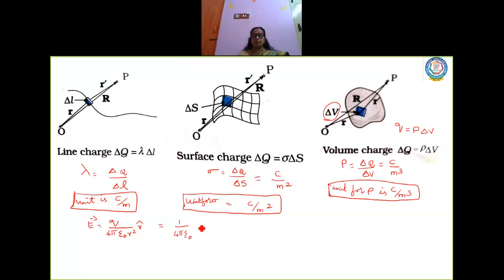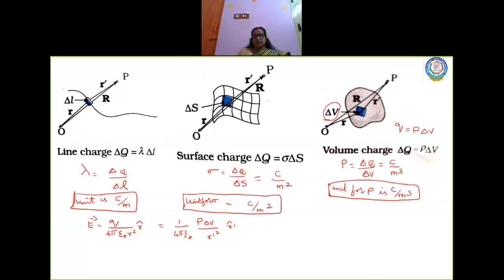Substitute for Q as rho into del V divided by R dash square into R dash unit vector, because R dash represents the position vector of the element to the point P. So let me take this as R dash. I have substituted here. Is it clear, children? Now this is for a small volume element, right?